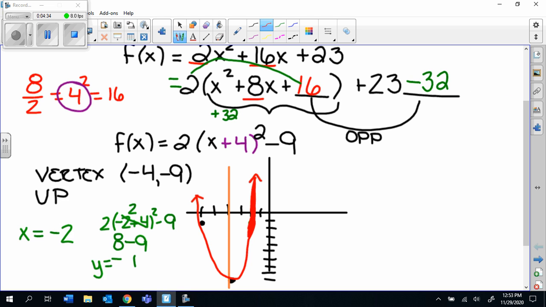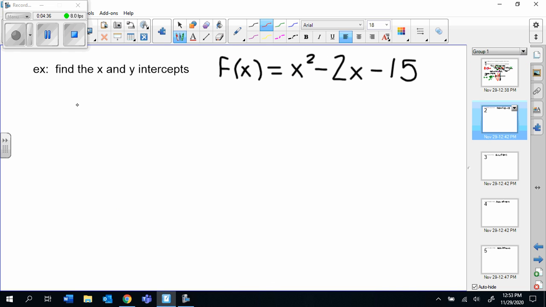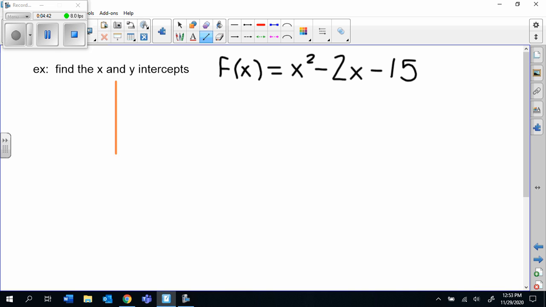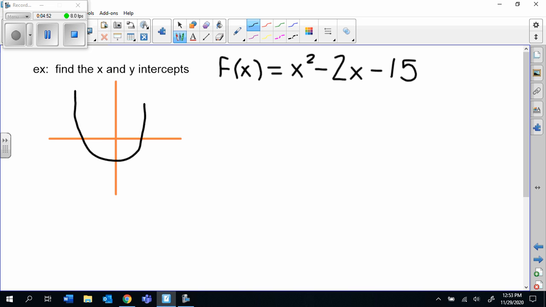Okay. The next part that is in 11.7 has to do with x and y intercepts. If I imagine, I'm not graphing what you see, I'm just illustrating what x and y intercepts are. Here is your x-axis, here is your y-axis.